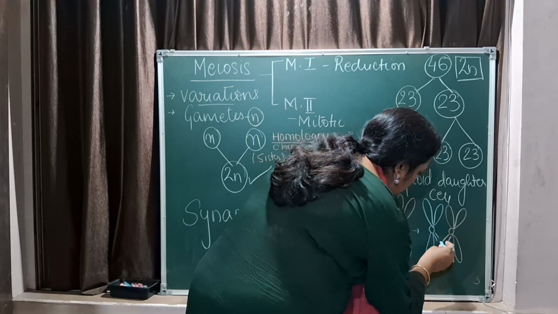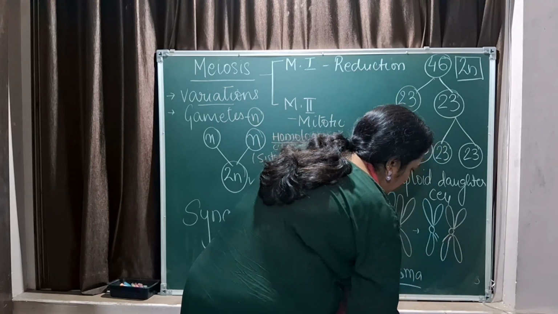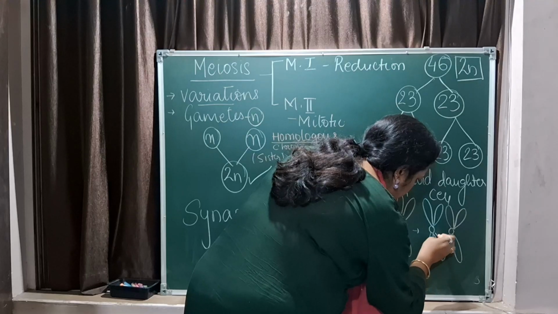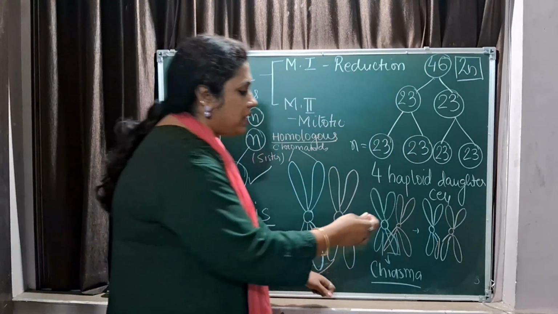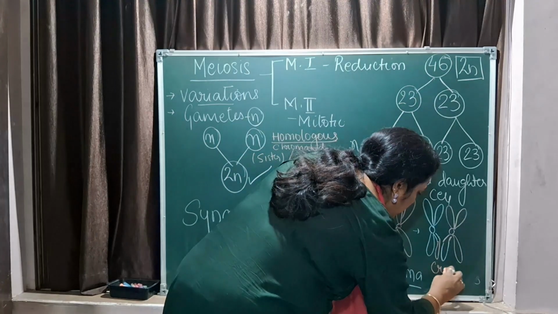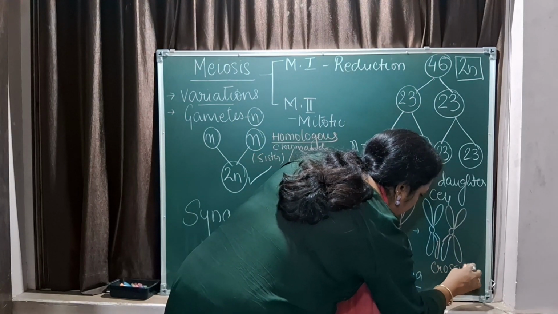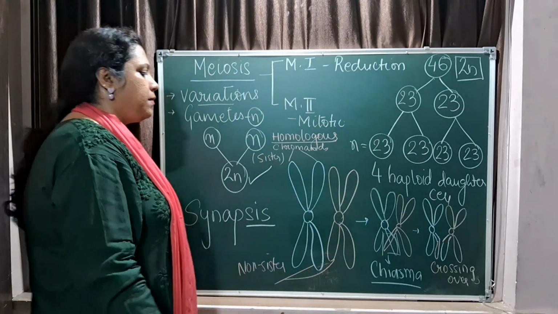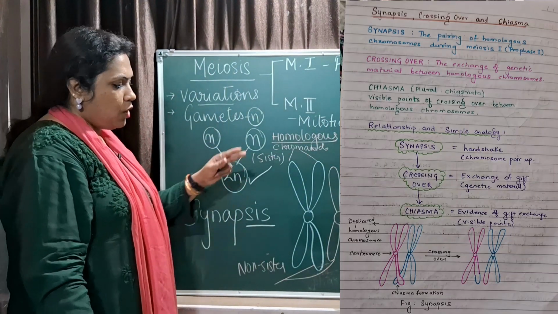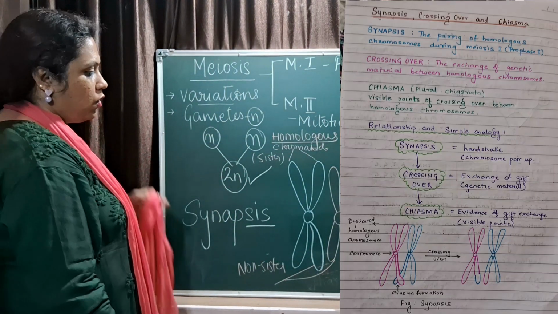So, this will become blue and this part will become pink. This will give rise to a variation, and this process of exchange of genetic material is called crossing over. Is this clear? What is synapsis, what is chiasma and what is crossing over?